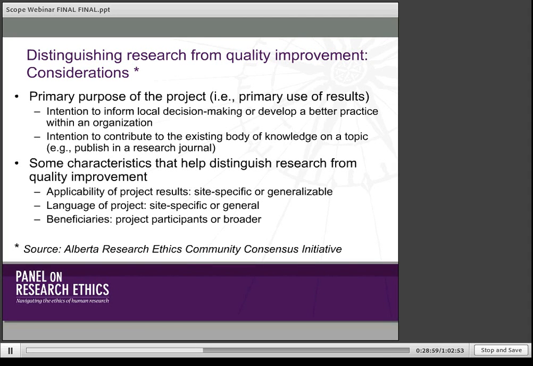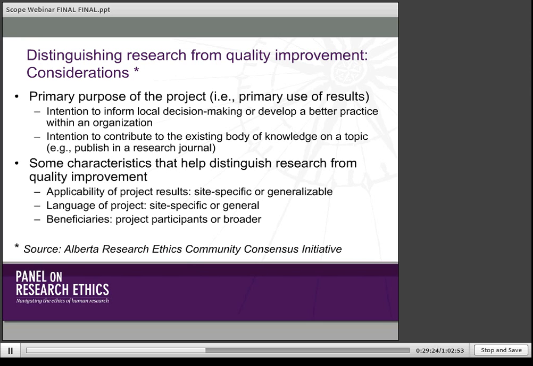They also provide questions that are designed to determine whether the study is specific to a particular organization or site, as might be the case in quality improvement, or more generalizable, as may be the case in research. For example, one of their questions is, is the project designed to support generalizations that go beyond the particular population the sample is being drawn from?